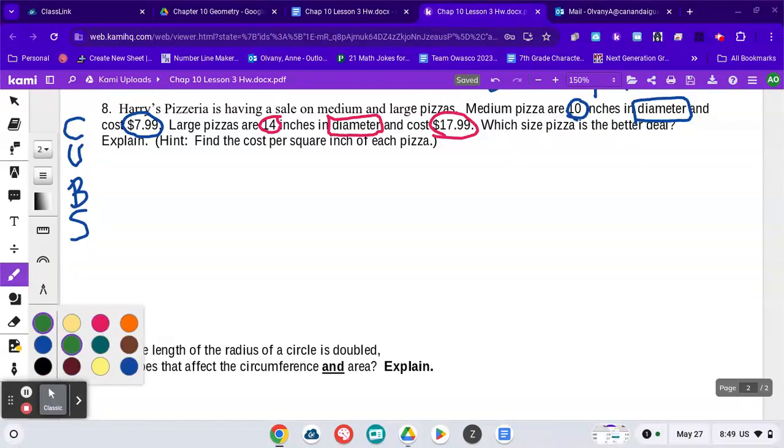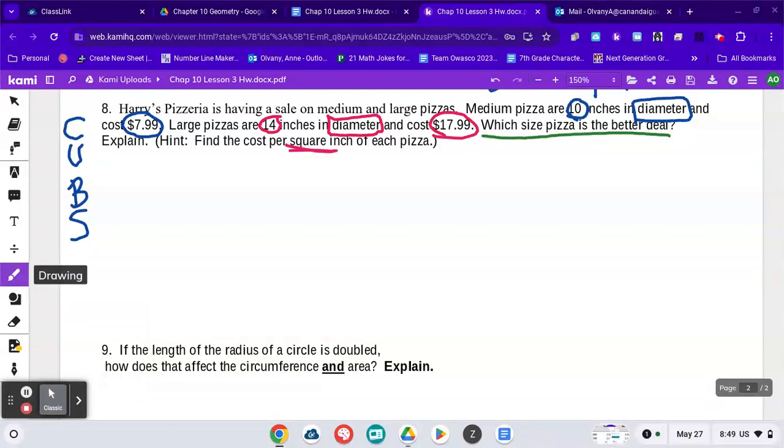That is my question. I'm going to underline that. And it says to explain. It says, find the cost per square inch of each pizza. Okay, so if I need cost per square inch, that means I'm going to need square inches, which means I'm going to need area.